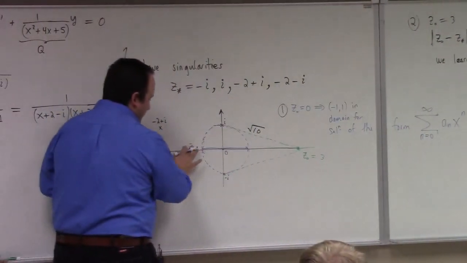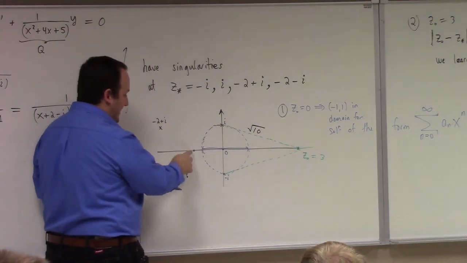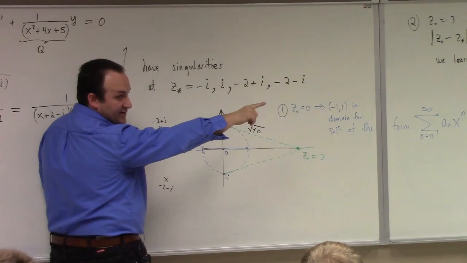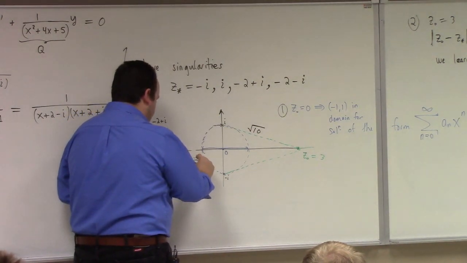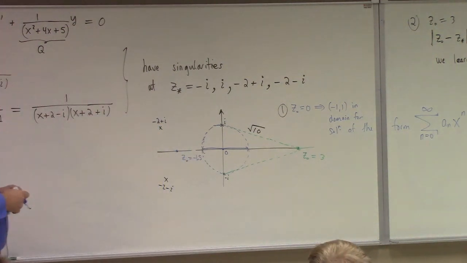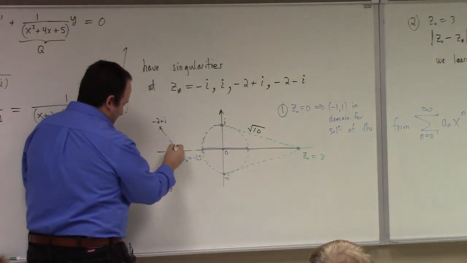Minus 1 is boring because it's the same distance from all 4 singularities. But if I have plus 1.5, that means z naught is equal to minus 1.5, right? It's fairly clear geometrically that that's closer to minus 2 plus or minus i. But it's not at all clear what the radius is from that point to that point. I have to figure out this distance.